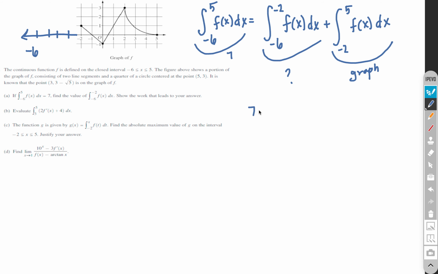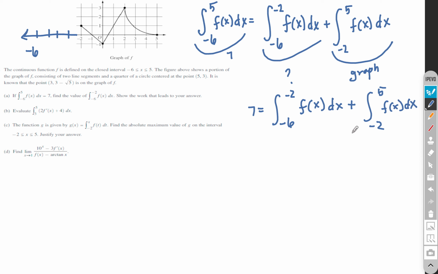So 7 is going to equal the integral from -6 to -2 of f of x dx plus the integral from -2 to 5 of f of x dx.